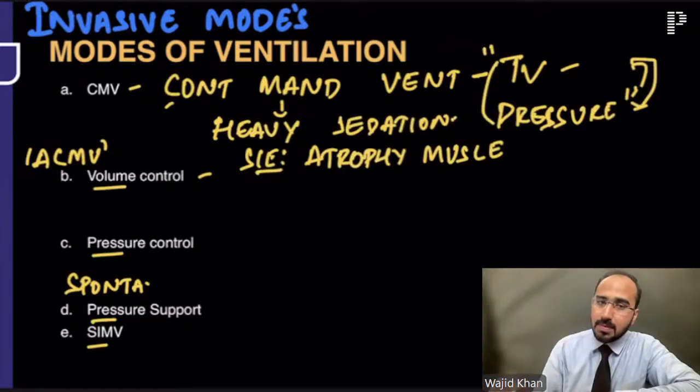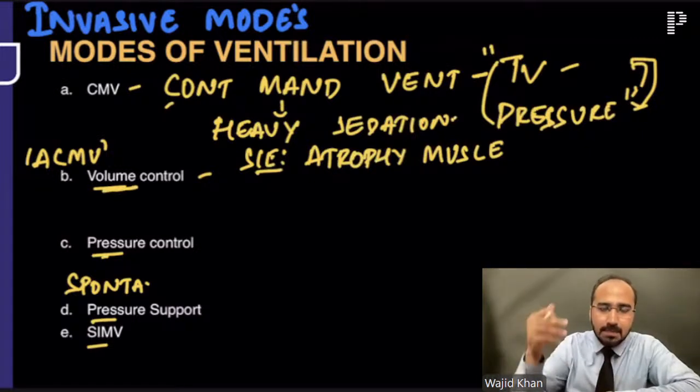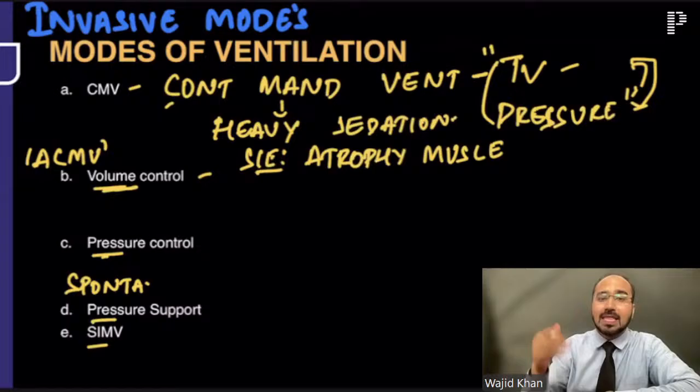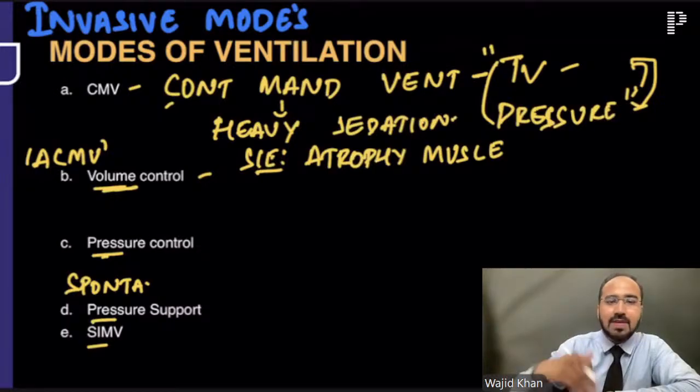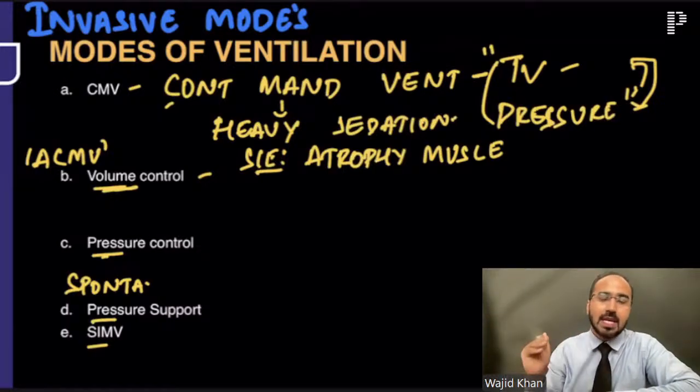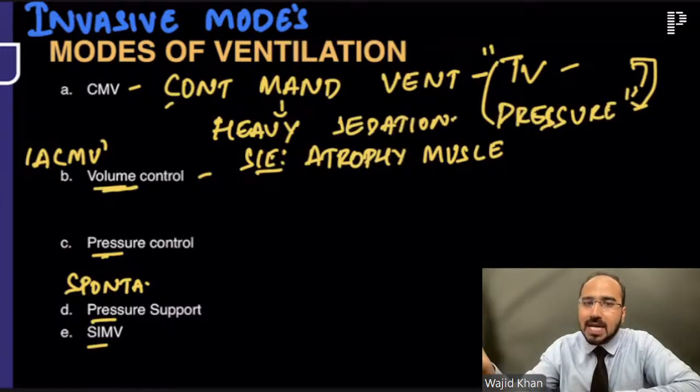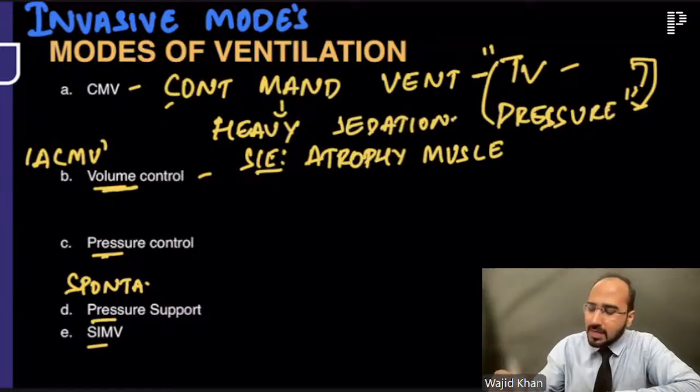Assist control is of 2 types, guys: volume control and pressure control. Now imagine the same patient is improving. Then slowly we cut down the CMV and go into the ACMV. ACMV is a step down mode of CMV. Now we will give the patient a chance to breathe, a chance for triggered breathing.